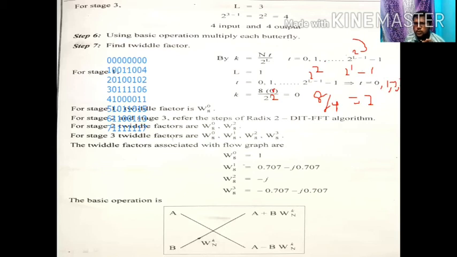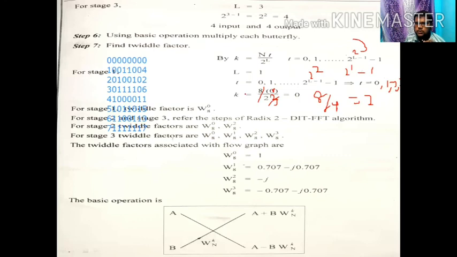Now substitute one by one. First I substitute 0, so it becomes k equal to 0. Next I substitute t equal to 1. In the third stage, 2 power 3 is 8, and 8 and 8 cancel out, so you get 1. So the next twiddle factor is W8 power 1.